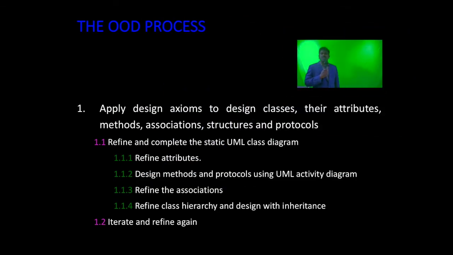As I discussed, the classes have attributes and methods, and how the classes are related to one another. Also, we have to see not only the association property, that is aggregation and composition relationships between the classes, but also the class hierarchy.